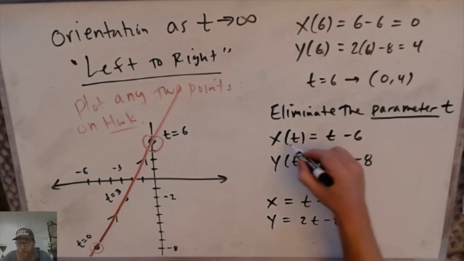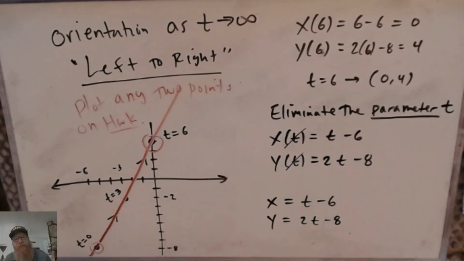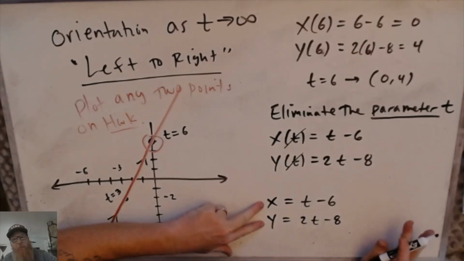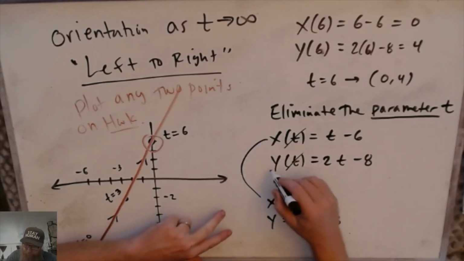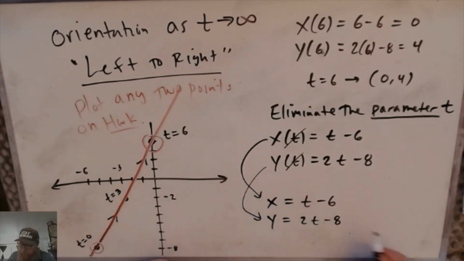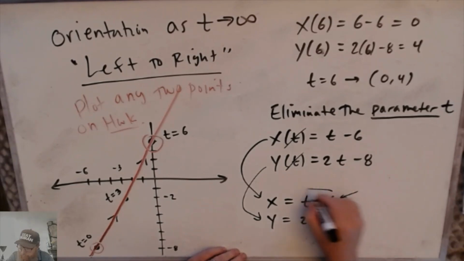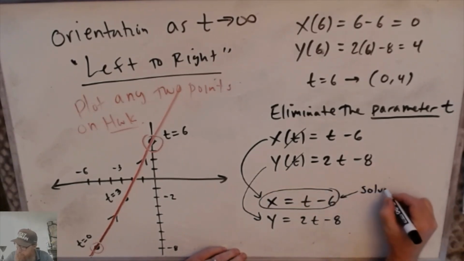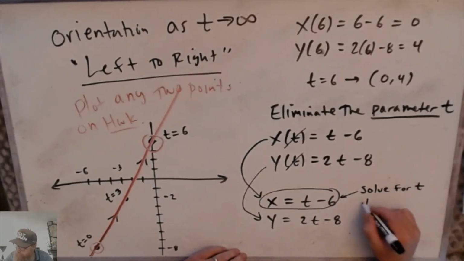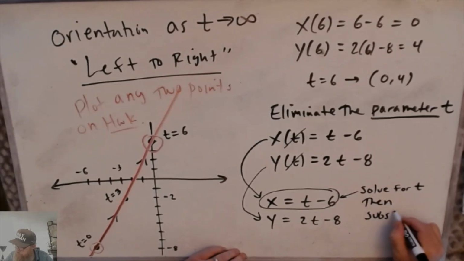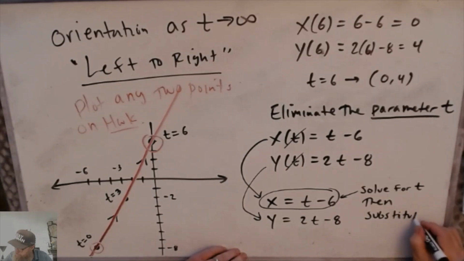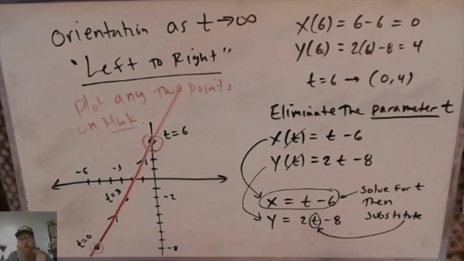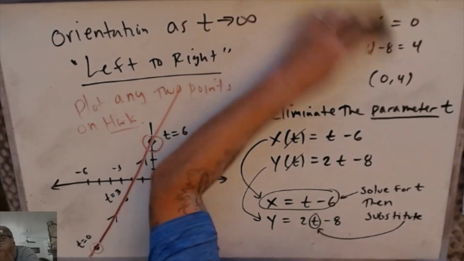You eliminate the function notation and just write them as x and y. And now you solve one of them for t and then substitute into the other.